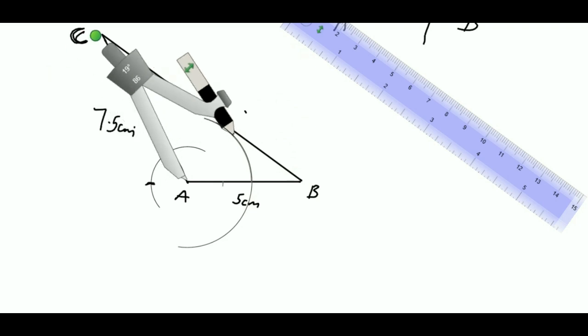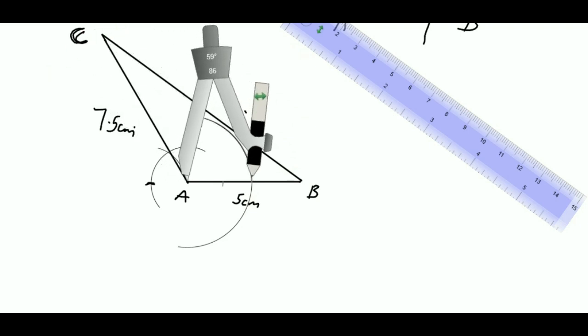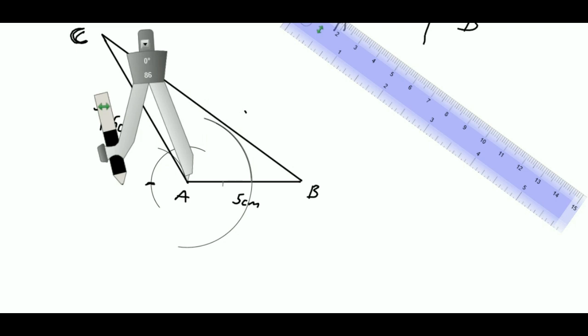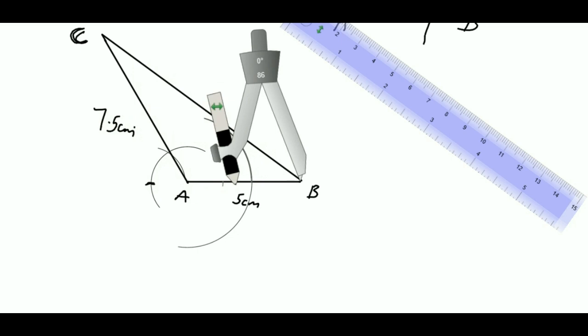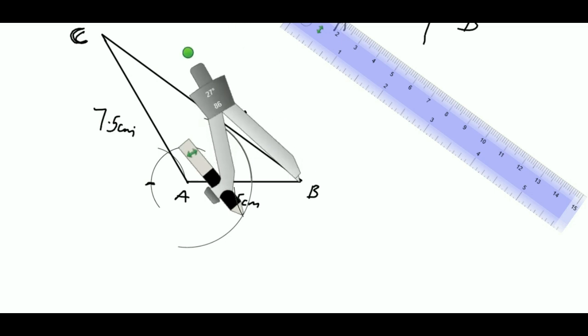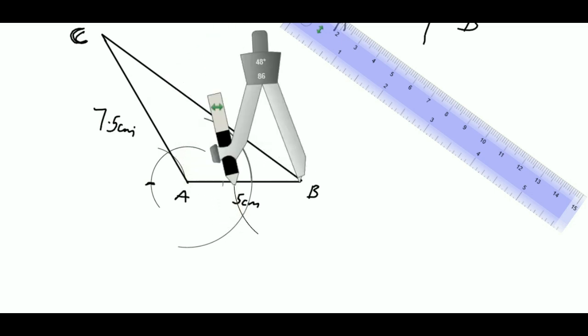Let me orientate the compass. Then you flip your compass with the same radius. Make sure you don't change the radius. Place the needle point at the other end, then draw an arc with the same radius above and below the line.